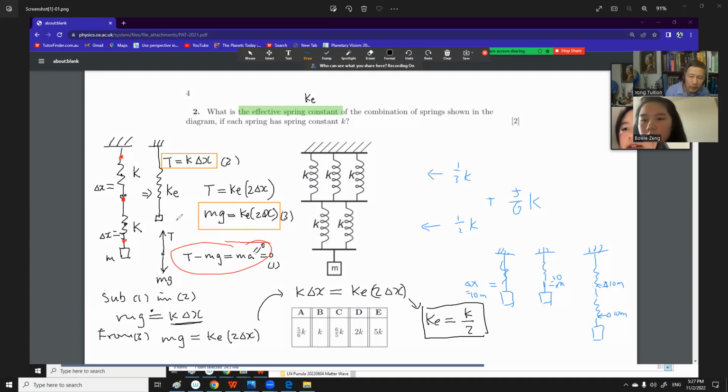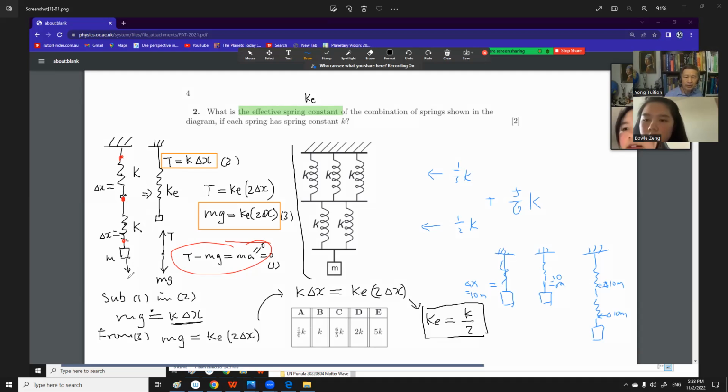So basically, we didn't solve this question directly. We started from a simpler case. Do you want me to explain? You have to determine the force acting on each spring, which of course is always equal to mg, because this is a single string.